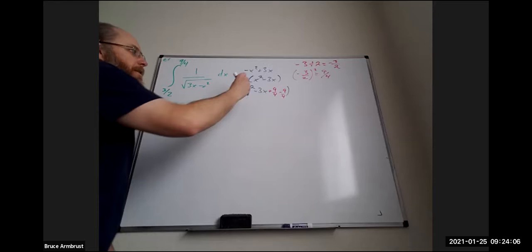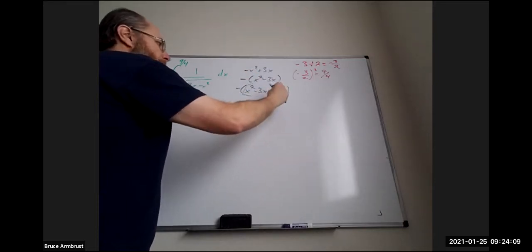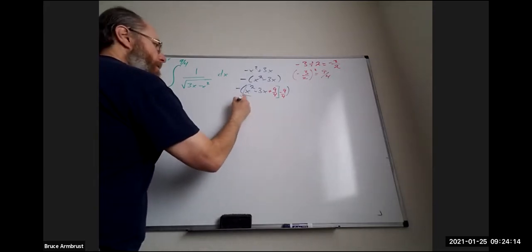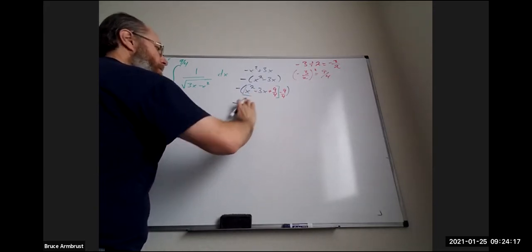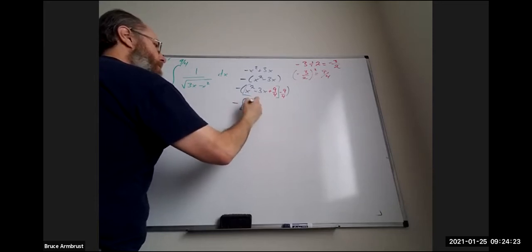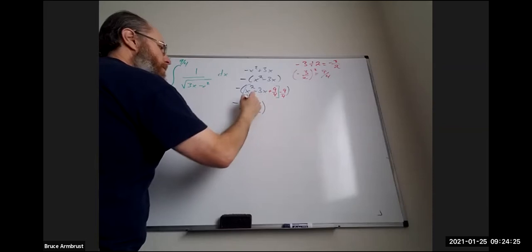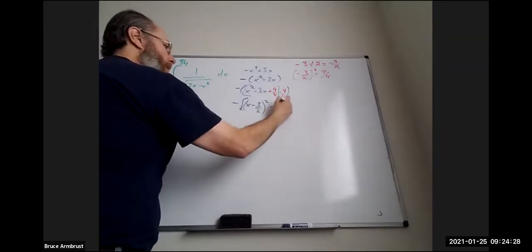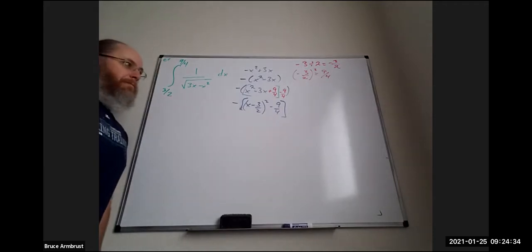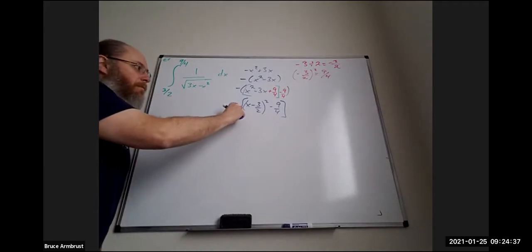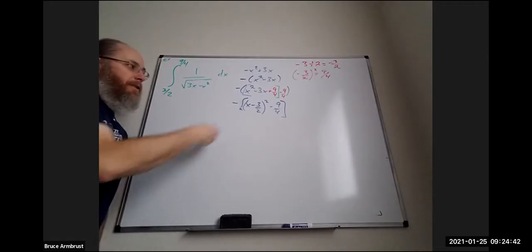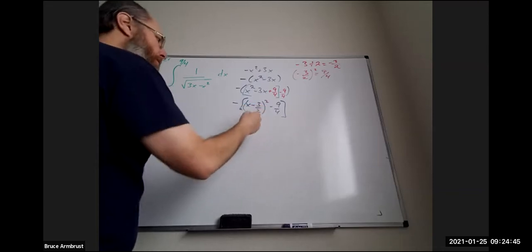All right, so now if you look at these first three pieces in here, that is a perfect square. So that's going to be minus x minus 3 halves squared minus 9/4. And the last thing I'm going to do is actually distribute that minus sign through.